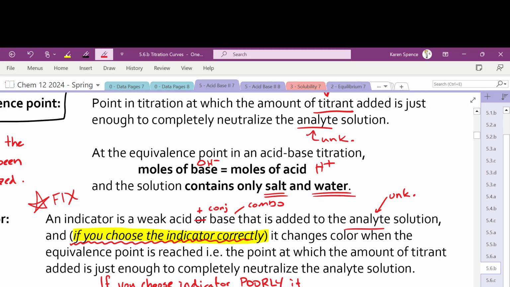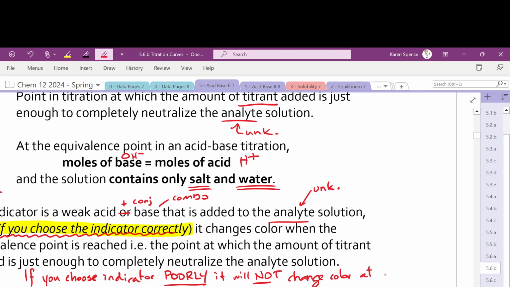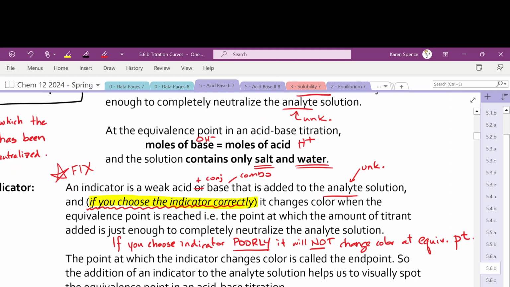So if you choose the indicator poorly, it will not change color at the equivalence point. What do we call the point at which the indicator changes color?